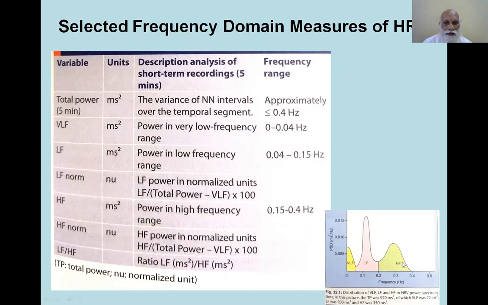So you are considering this area divided by all of this area, remembering that very low frequency is removed. Similarly, HF norm, or HFNU, the normalized unit for high frequency, is the high frequency divided by total power minus VLF.